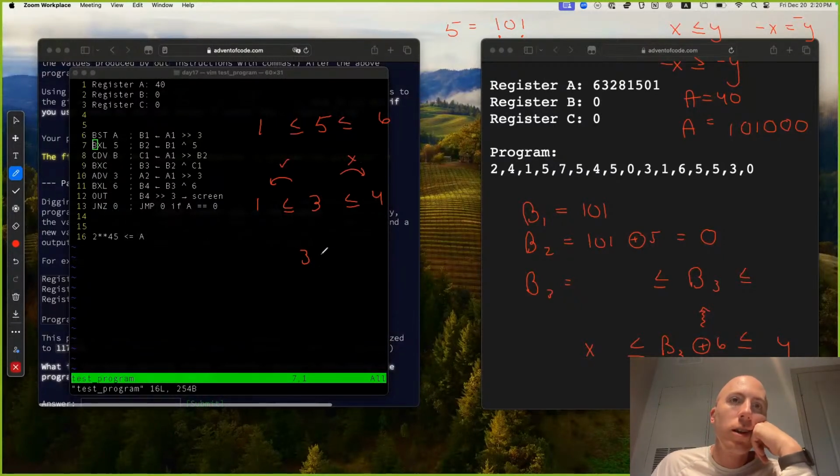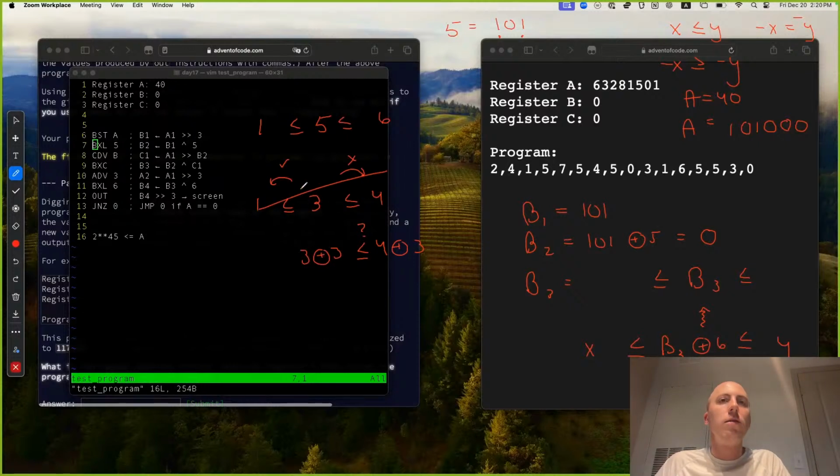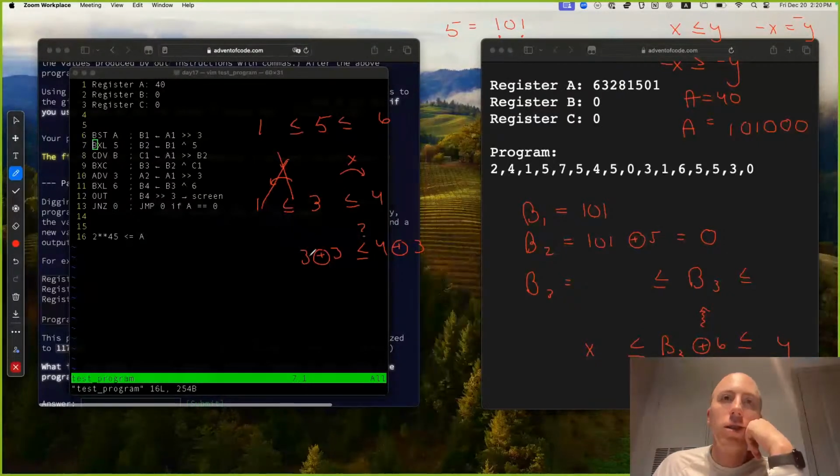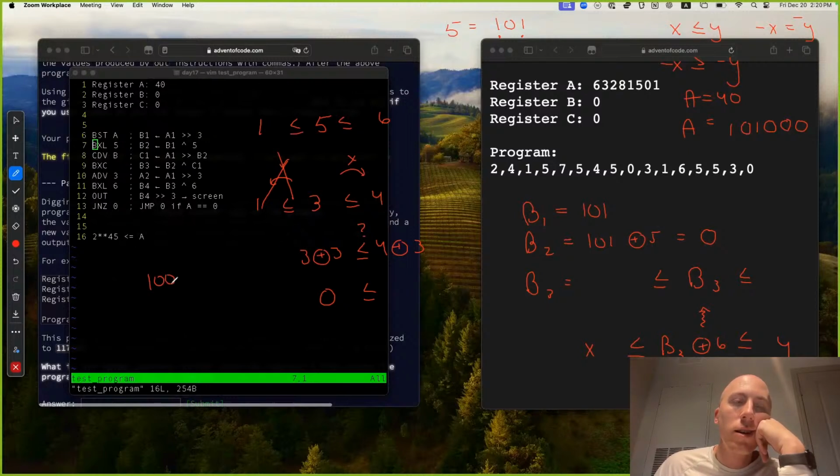So if you do 3 XOR 3, is that less than or equal to 4 XORed with 3? Actually, forget about this side right now. If you just have this and you XOR this, you're going to get 0 is less than or equal to this right here. Okay, wait, you're going to XOR this, and that's fine.